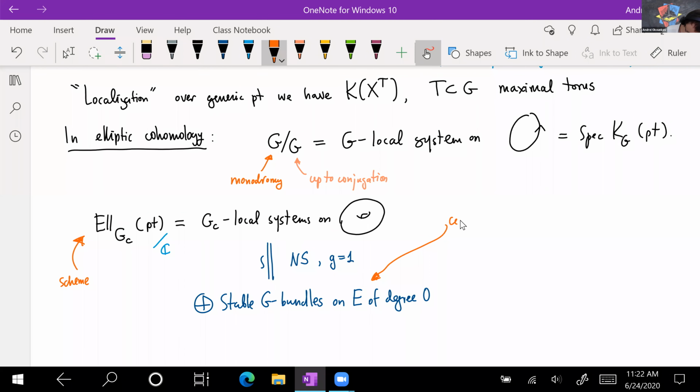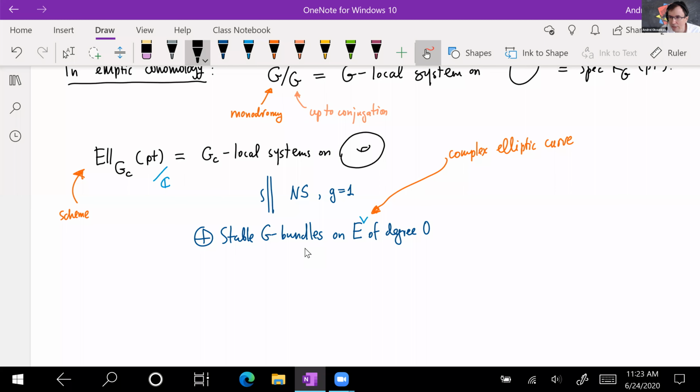But on an elliptic curve, we don't have stable vector bundles of rank more than 1.